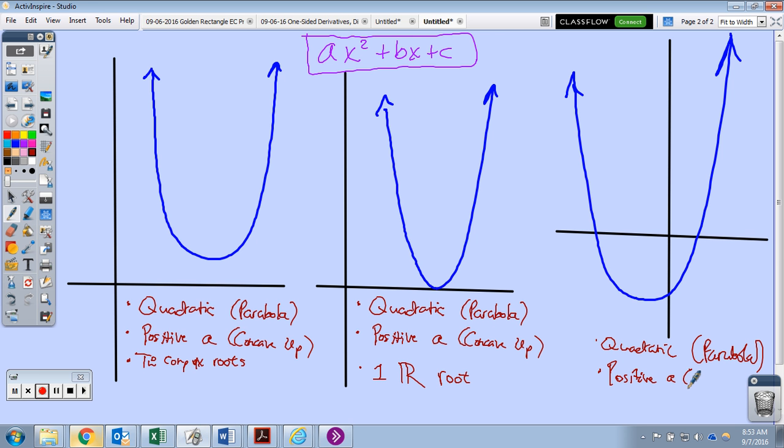It is also concave up. And what about its roots? It has two real roots. We all see that it has one real root here and another real root right here. So it has two real roots.